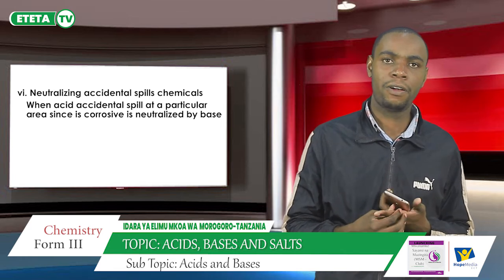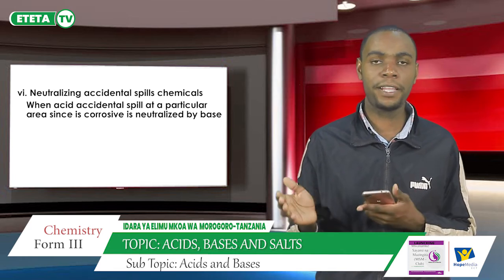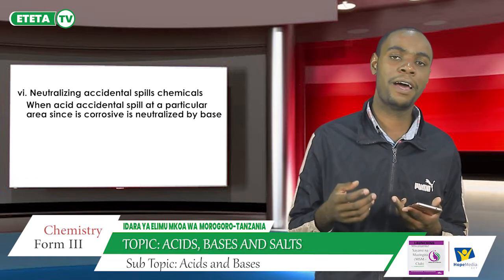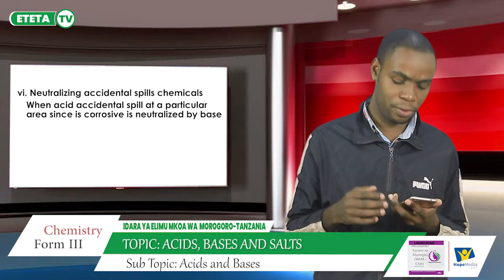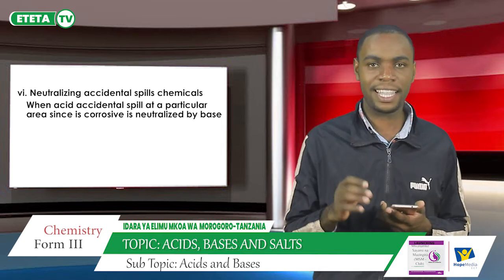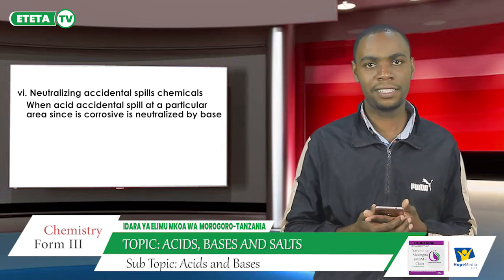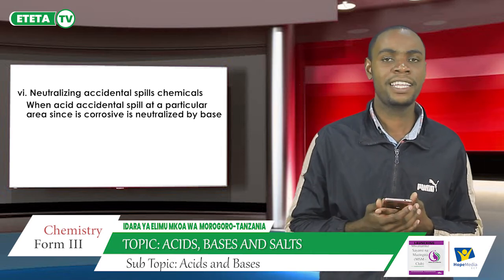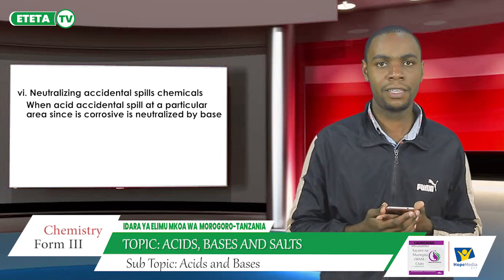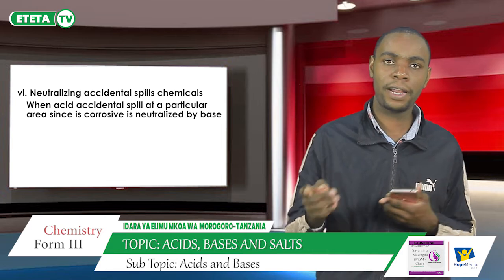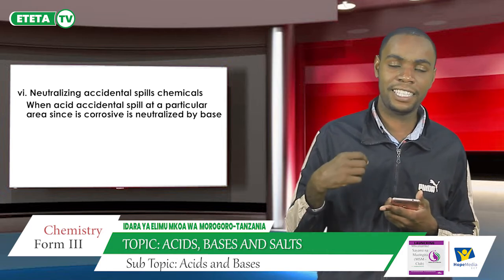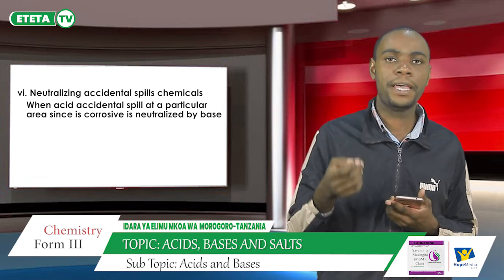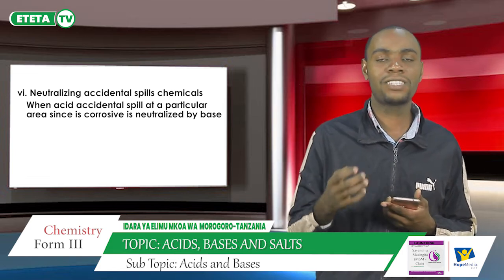Chemical spills can happen when the chemical is transported from one place to another, and also when it is used in the laboratory. So we can use a base to neutralize the spilled acid. If there is leakage during transport, we can use a base to neutralize that acid because the acid is corrosive.